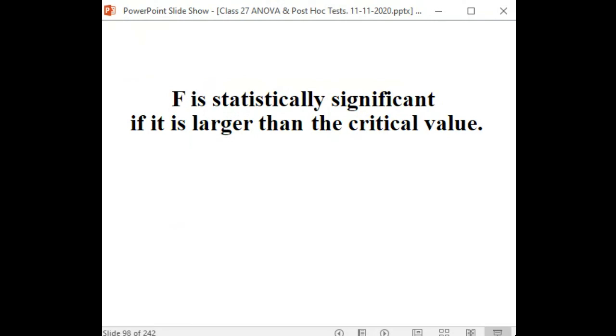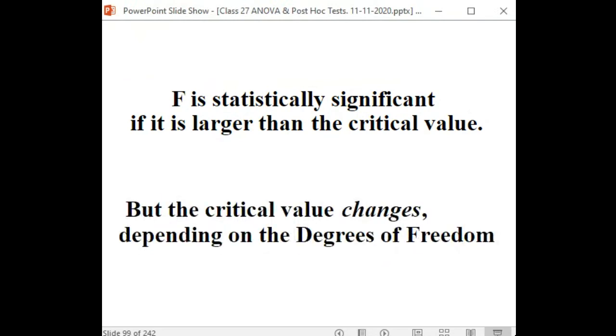It is true that F, like T, is statistically significant if it is larger than the critical value. But the critical value of F changes depending on the degrees of freedom. So it keeps changing depending on how many degrees of freedom you have. It's not always 2 or some number.